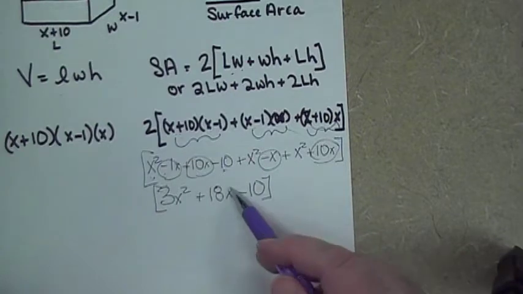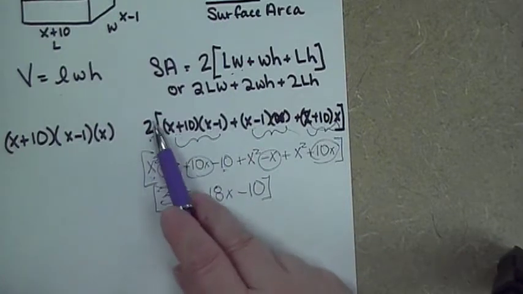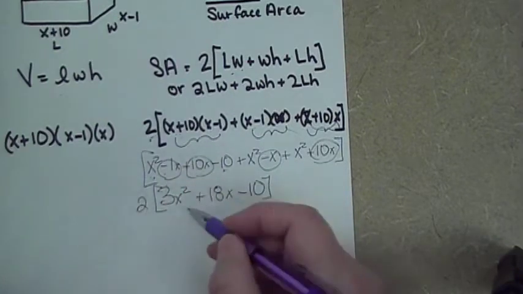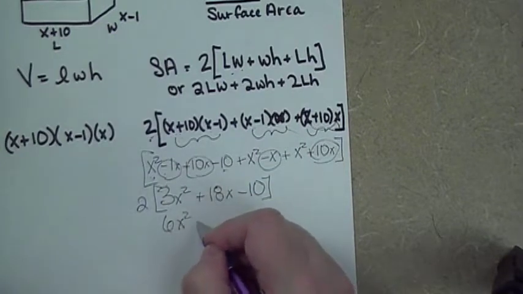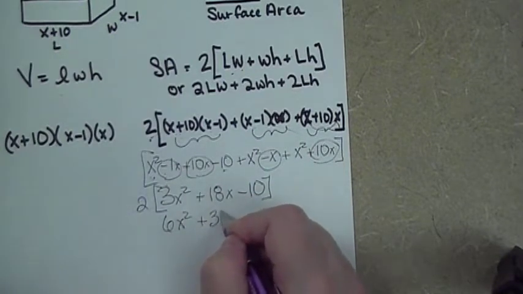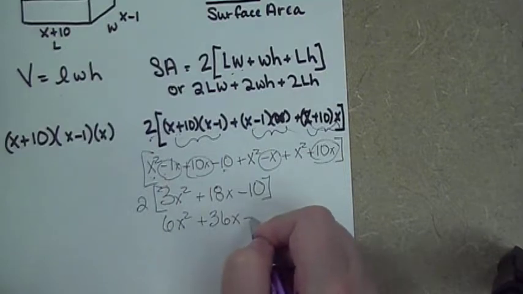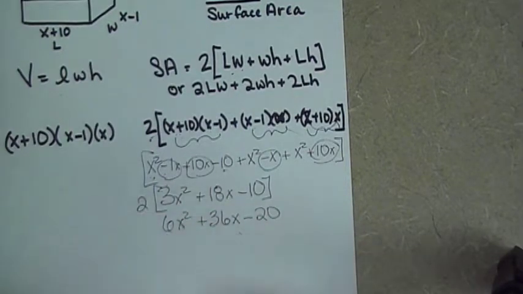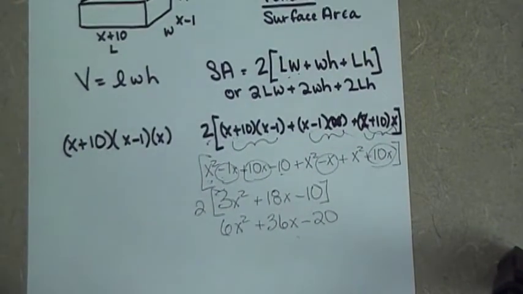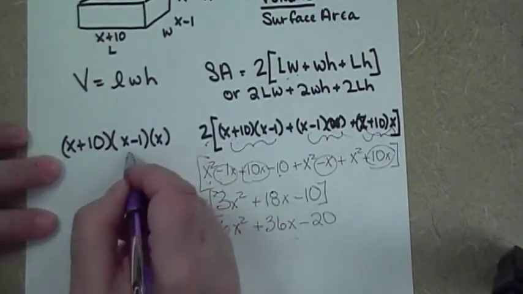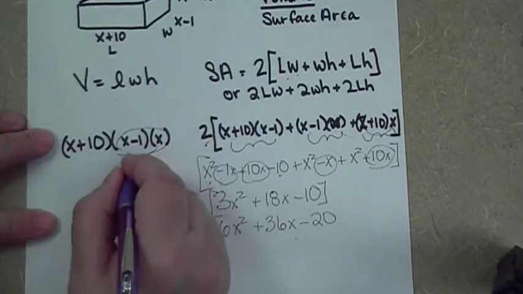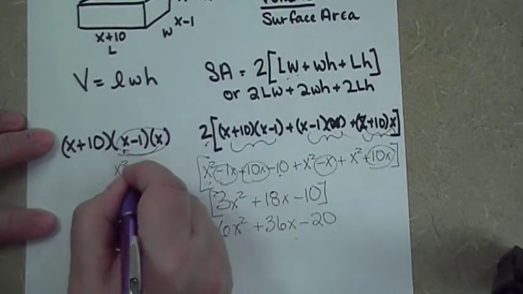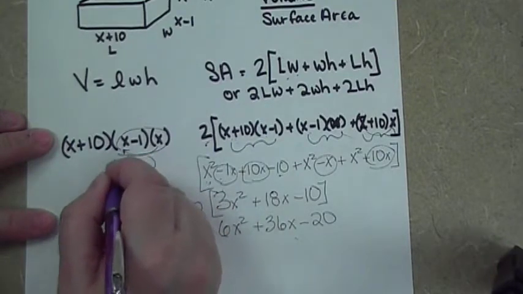So that's all the face value ones, but I put it so the equation is, now you have to times it by 2. So we have 6x squared plus 36x minus 20. So this is the surface area, and the volume then would be this part. We can put these together, and that would be x squared minus x.